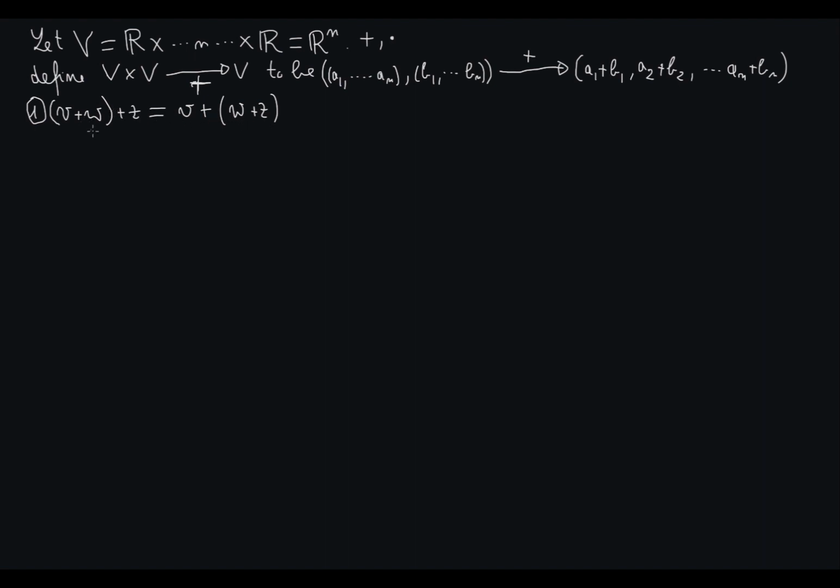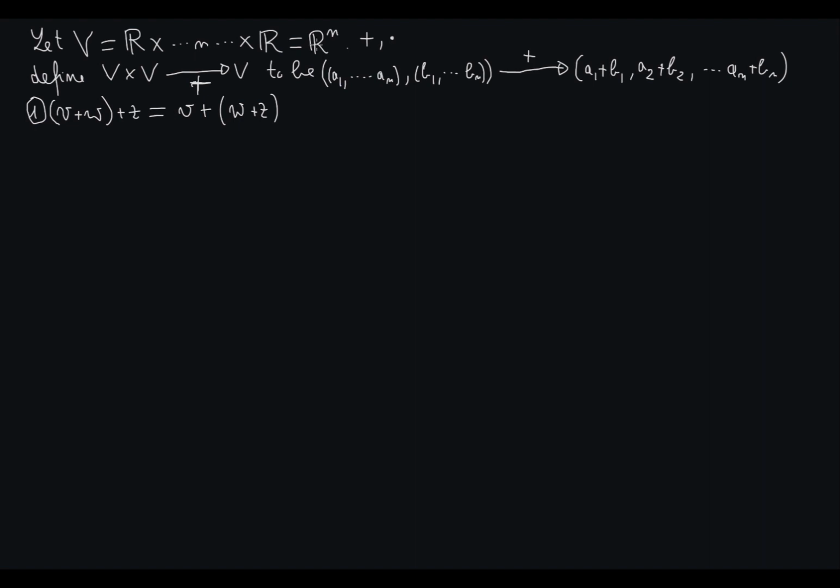Now let's assume that V has coefficients Vi, W Wi, and Z Zi. So this is actually an equality inside V, so inside Rn, the elements of Rn are n-tuples of numbers.